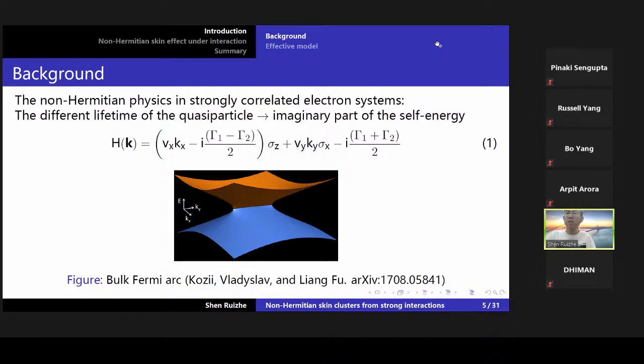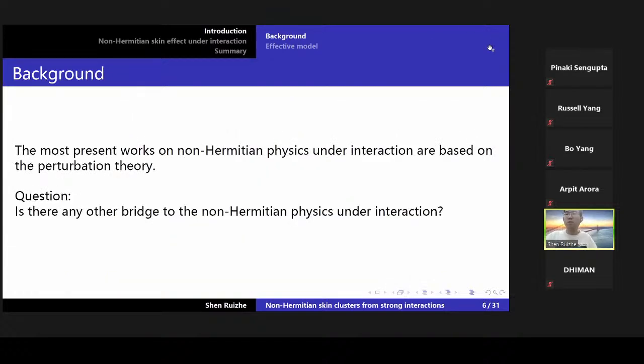In this picture, there are two quasi-particle bands, and they stick at the Fermi arc. However, many works focus on how to deal with this interacting model via perturbation theory. So there is a question: shall we deal with this model in other ways?